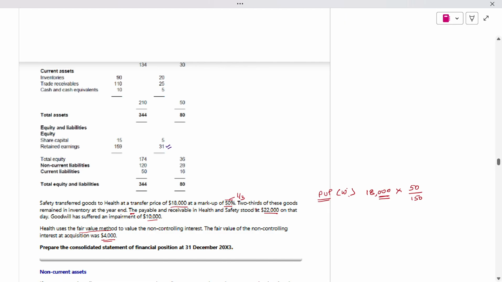If the markup is 25% means 1 by 5. I will tell you separately how we have to do it. Okay, how much is the markup? Markup is 50%. How much do they have unsold? They have unsold 2/3. Are you clear about this? Yes. How much will you get?